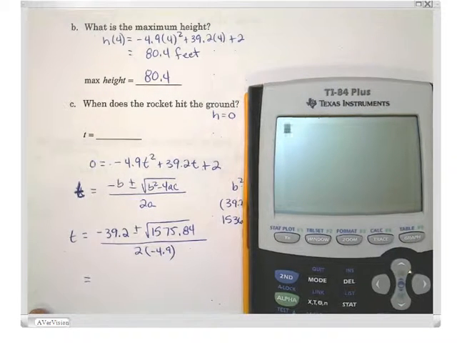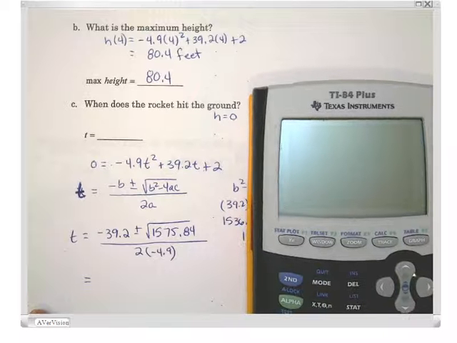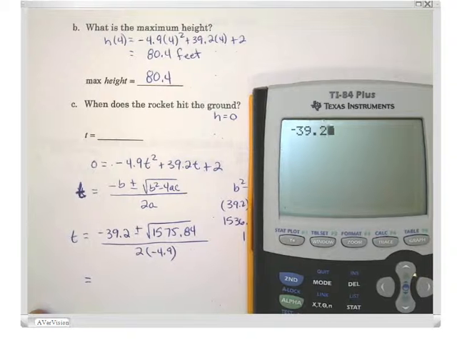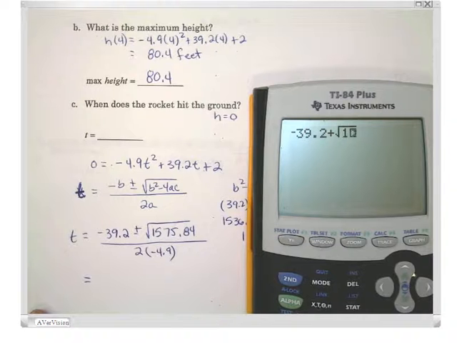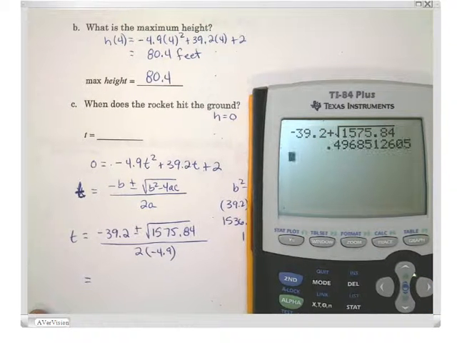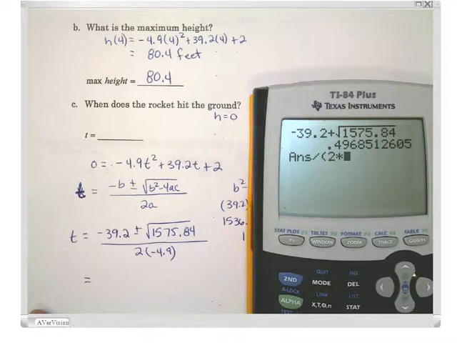So what you want to do here is type in the negative 39.2. Let's do the positive root first. We'll do the plus. Type in the square root of 1,575.84. And at that point, you need to get an answer. Equals. And then you can divide that answer divided by parenthesis 2 times negative 4.9.